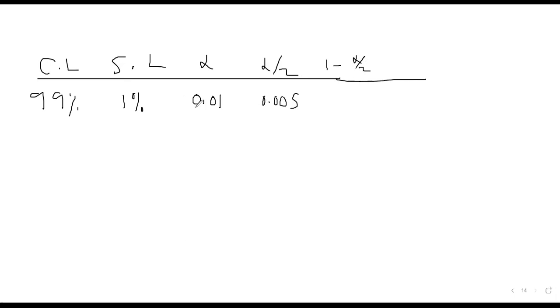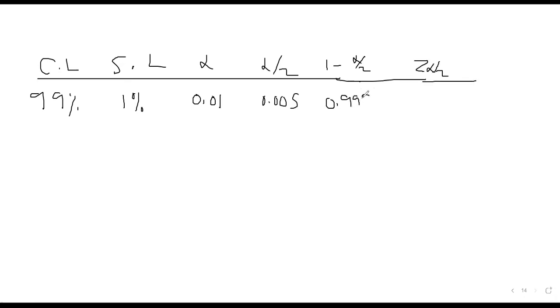Hold on. 0.01 divided by 2, what are you getting? 0.005. Yes. Then we subtract it from 1. So 1 minus 0.005, what are we getting? 0.995.